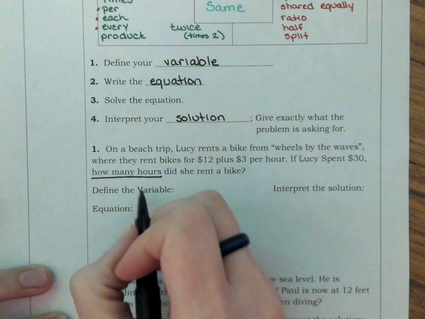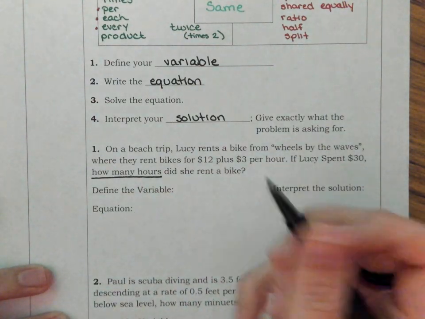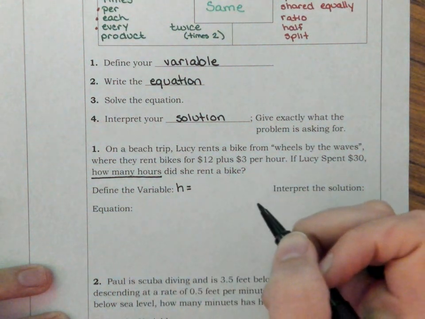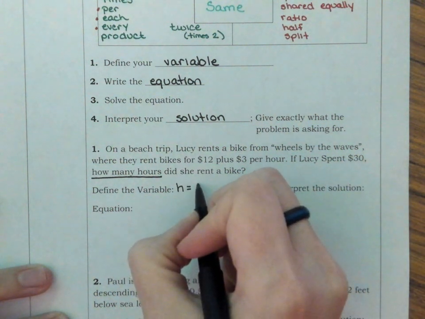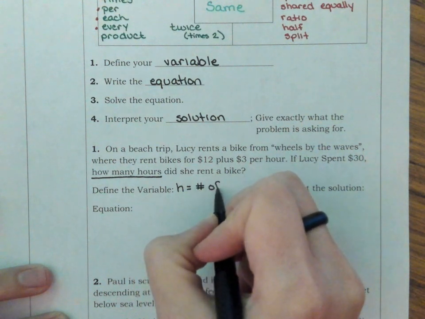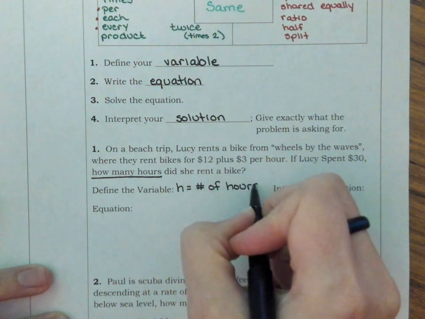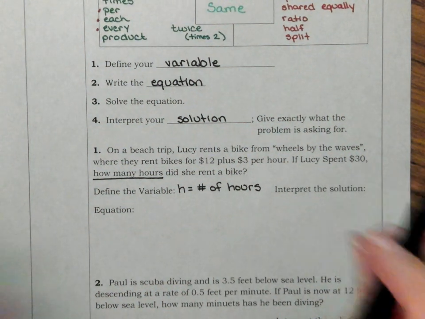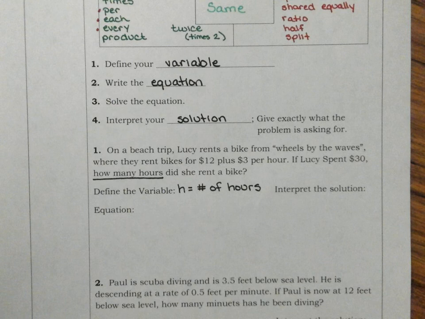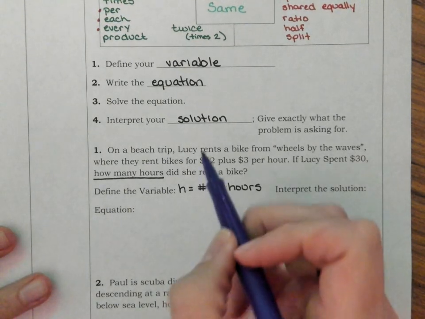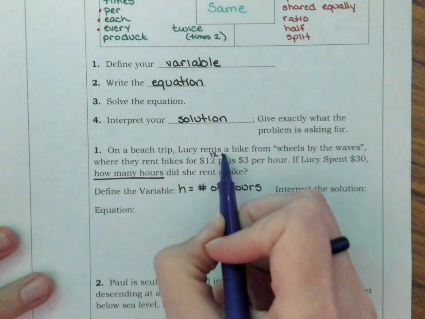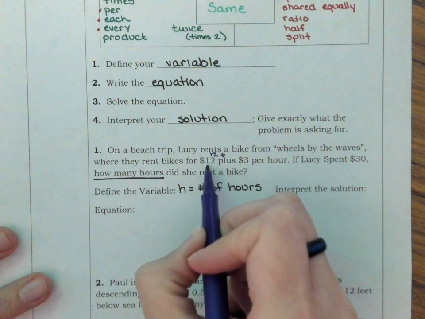So our variable here is hours. You can use the letter H for hours, which is what I'm going to do, or you could use any letter you want. So H equals the number of hours. You can't just write the word hours. Then we're going to go back through it and find some key words. Here it says 12 plus. That's going to be part of our equation.